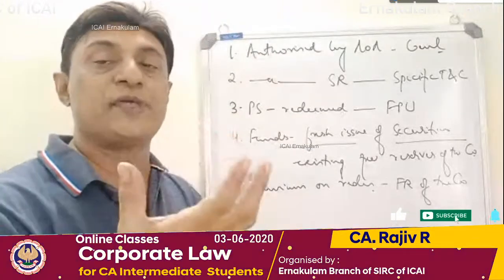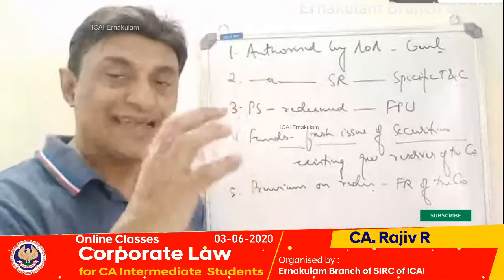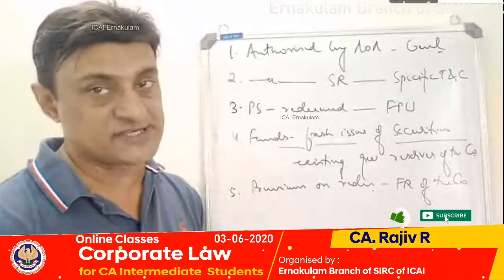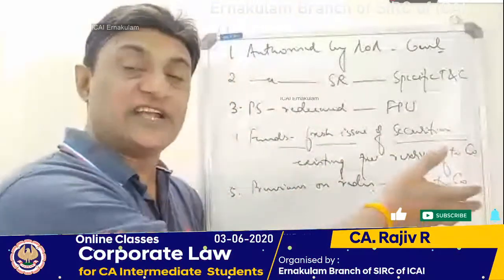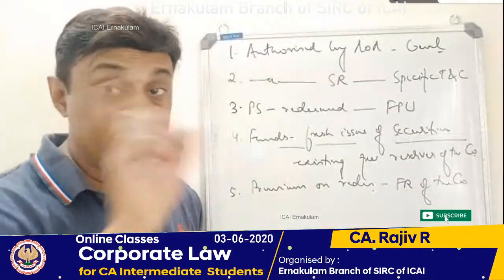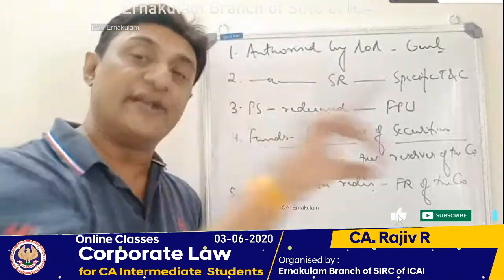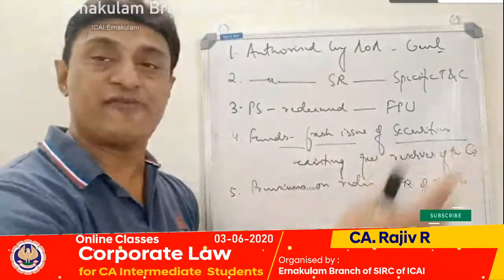The securities premium can be utilized only for certain purposes, and when you say utilize, debited only for certain specific purposes. This is why it is specifically provided that securities premium account shall not be used to fund the premium on the redemption or the premium on the buyback of securities. This is where we have to start.